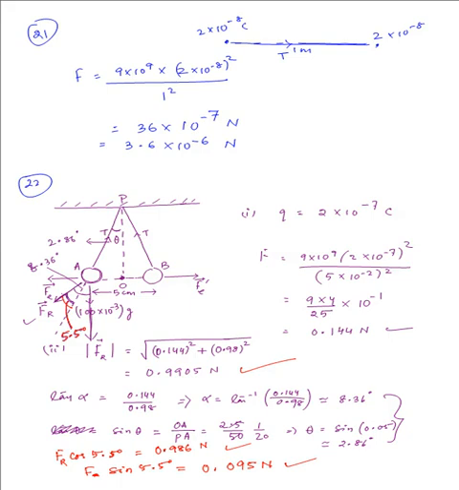Now the third bit asks us the tension at that point of time. I have a space over here, I can give you the answer to this question over there itself. Now the tension along the string has to be calculated.